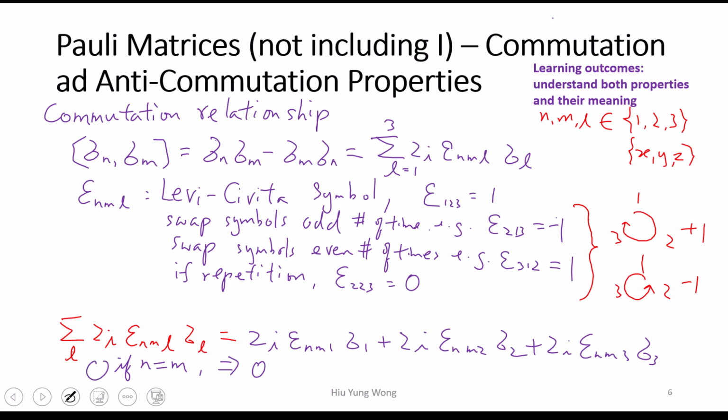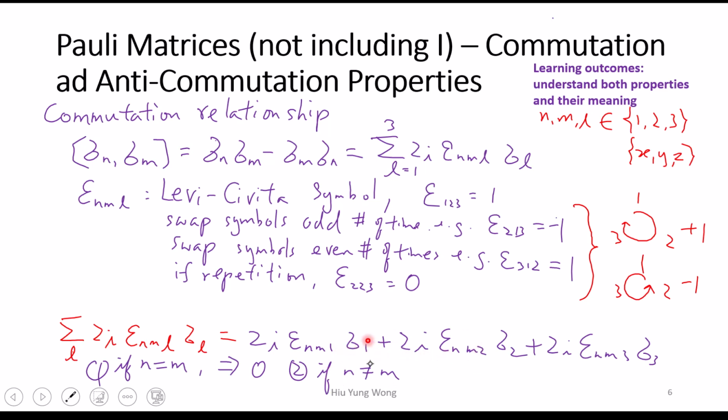This is 1. But it's possible that n not equal to m. If n is not equal to m, then they occupy two indices already, either 1, 2, 1, 3, or 2, 3, right? Because they are not the same. And then here I have 1, 2, 3. So only one of them will be non-zero because you occupy two numbers.